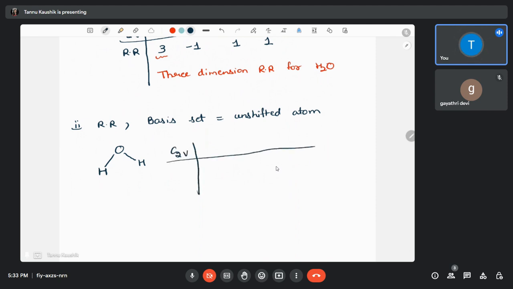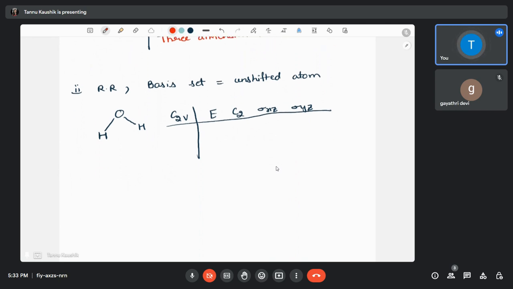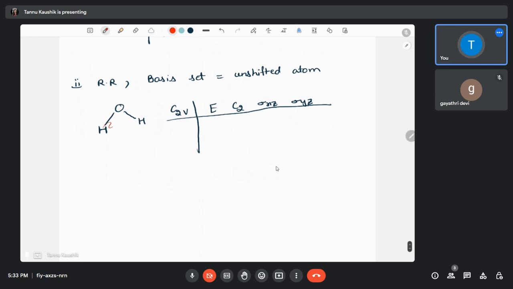The classes are E, C2, sigma xz, sigma yz. First is the identity element. When we apply this identity operation, we don't observe any changes in the system. So the three atoms, the oxygen atom and the two hydrogen atoms, will remain unchanged. So we will have the reducible representation for it as 3.